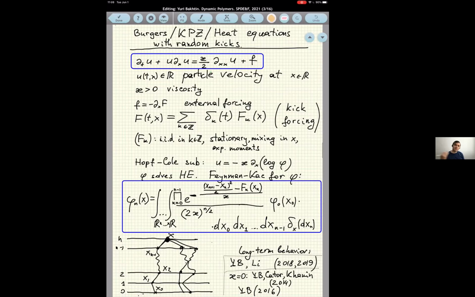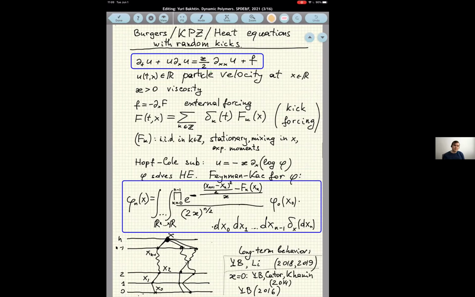So at each integer time there is a potential F_k. These are IID kicks, and it's stationary and mixing in x. So x is a continuous variable, and now time becomes the discrete variable. There are just a couple of basic assumptions on F: it's stationary mixing in x, there's some regularity, and there's some moment condition. It shouldn't be too large.